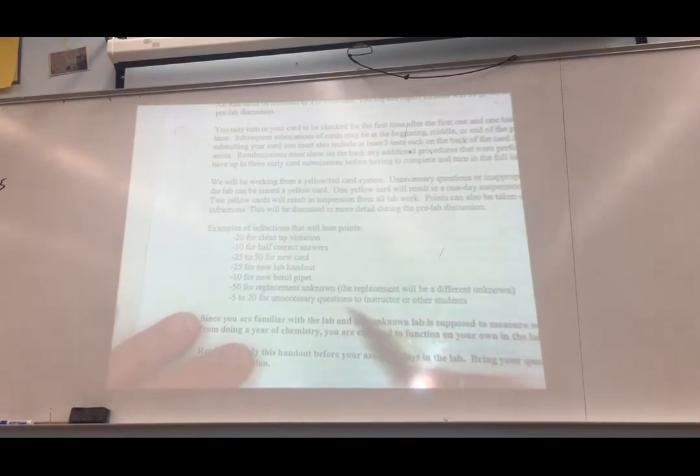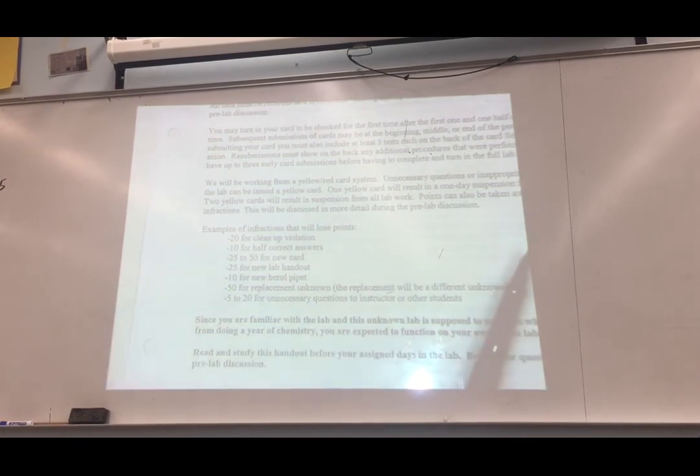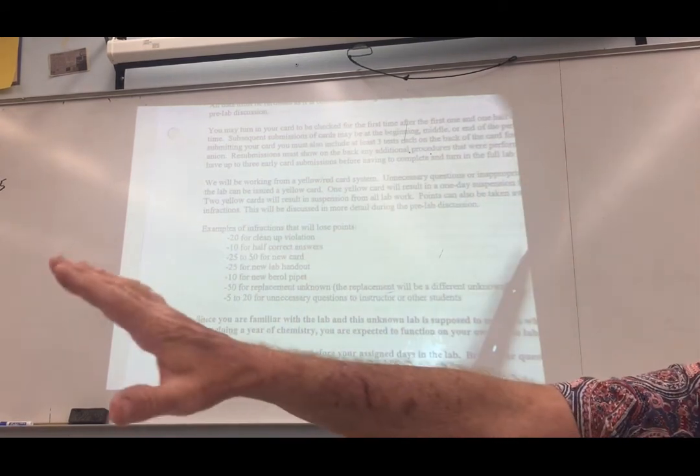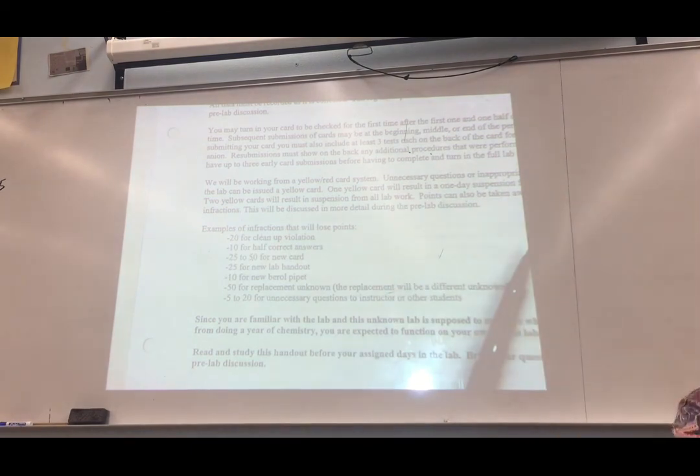This has actually happened. Very first day of the lab, I give out the unknowns. People head to the lab. I usually divide the class in half. I'll say, this half of the room, you start with your cation. This half of the room, you start doing your anion first.